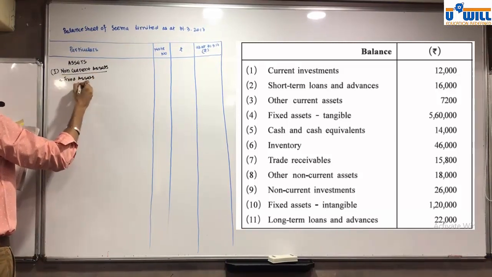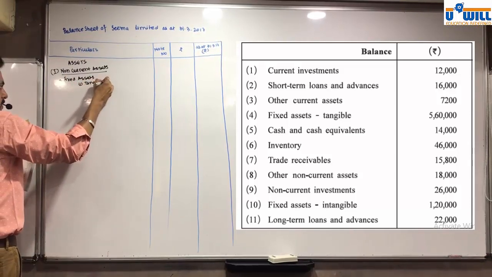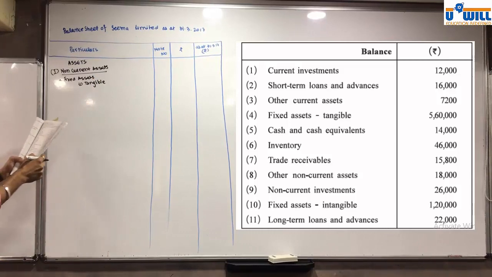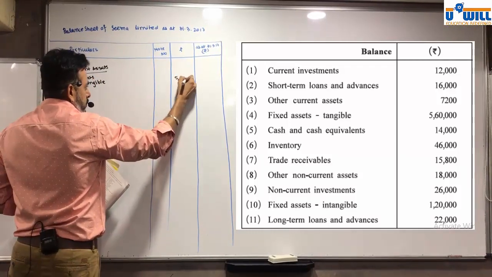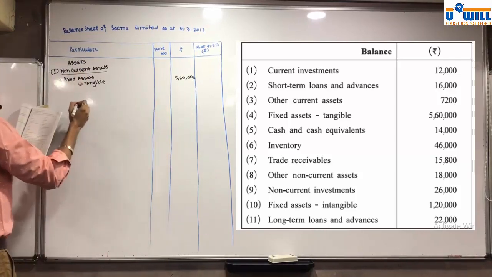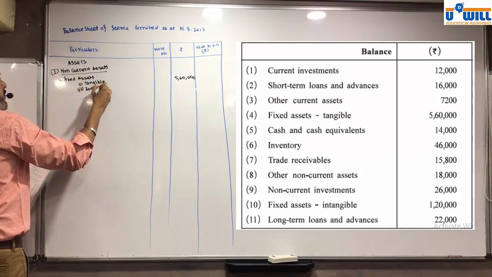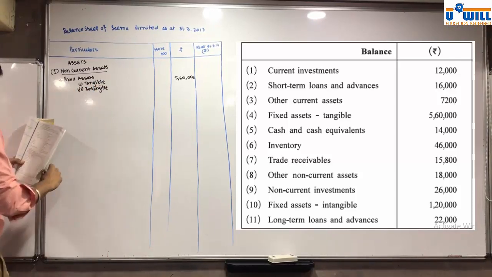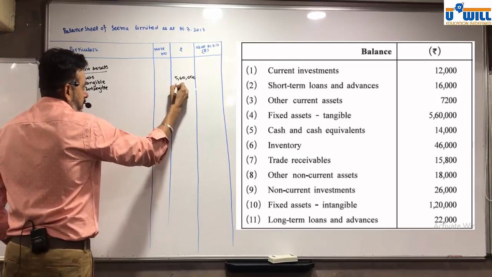A. Inside this, first is tangible. Tangible is 5,60,000 in the inner column. Second is intangible, 1,20,000.